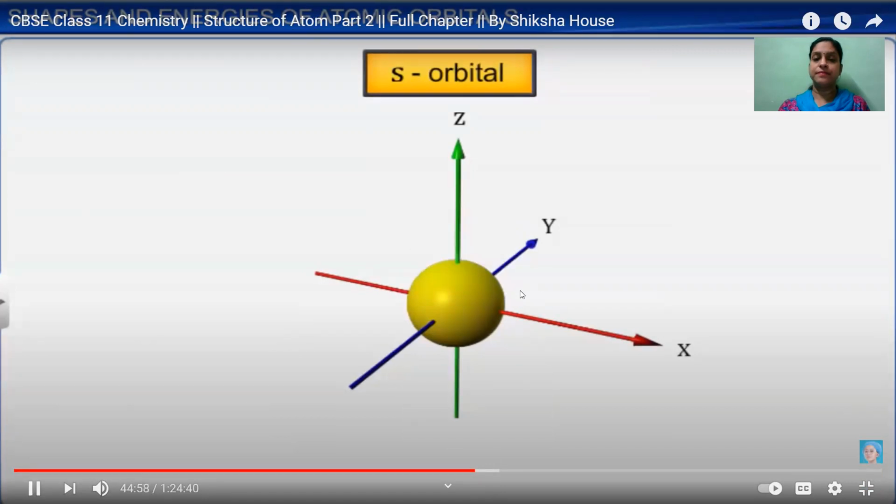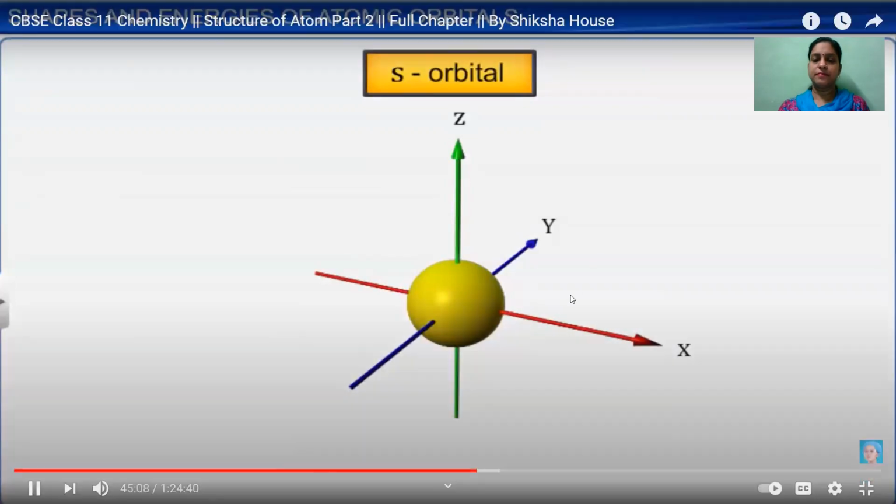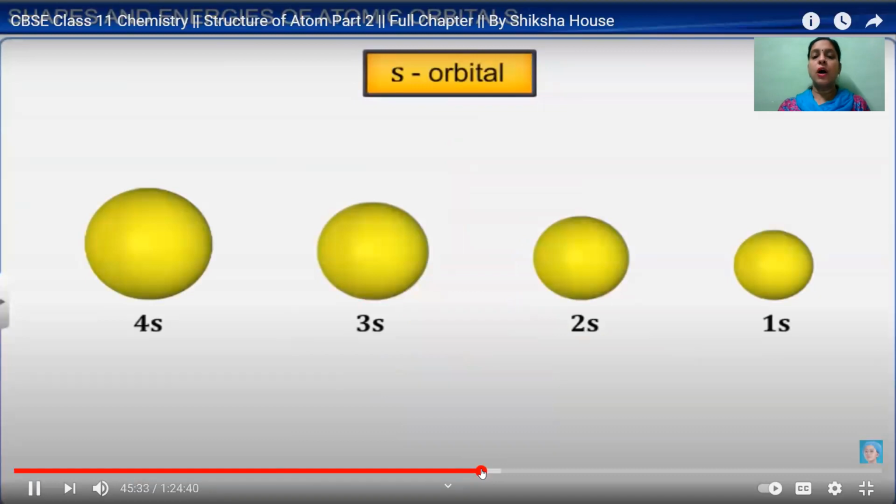Irrespective of the principal shell to which the orbital belongs. This is because, for a given value of radius, the probability of finding the electron in the s orbital of a principal shell is found to be identical in all directions.